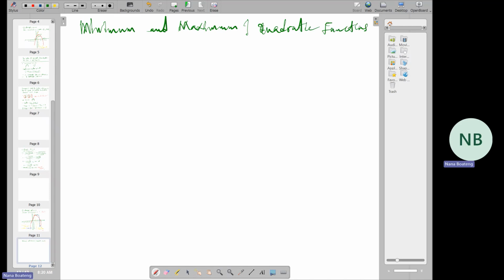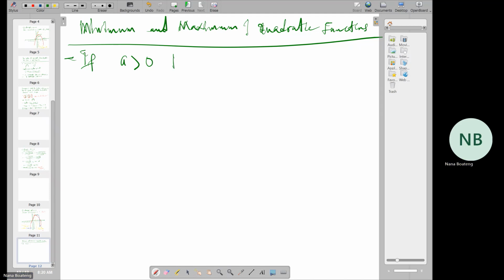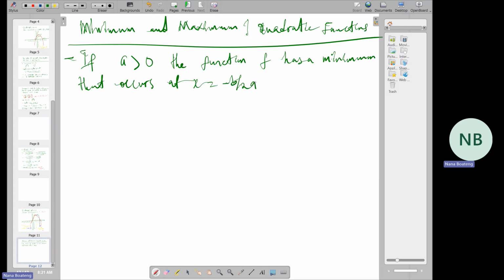If a is greater than 0, the function f has a minimum that occurs at x is equal to minus b divided by 2a, and the minimum value is f of minus b over 2a.